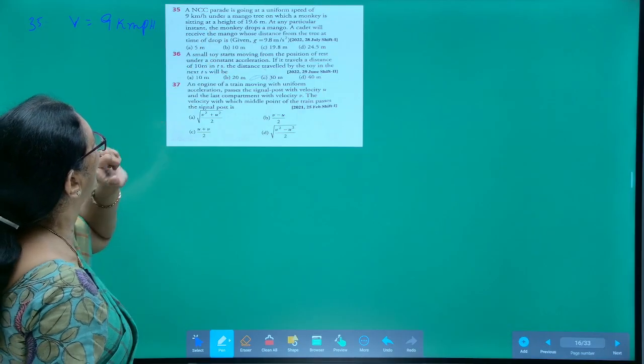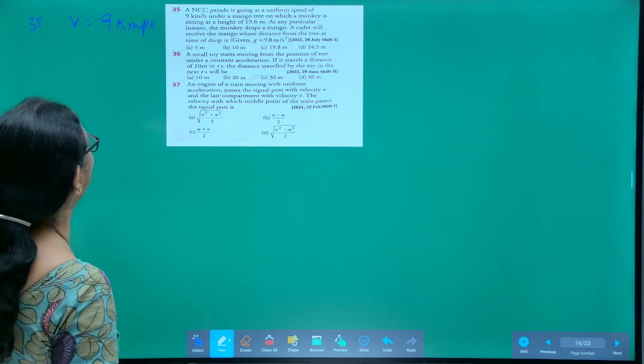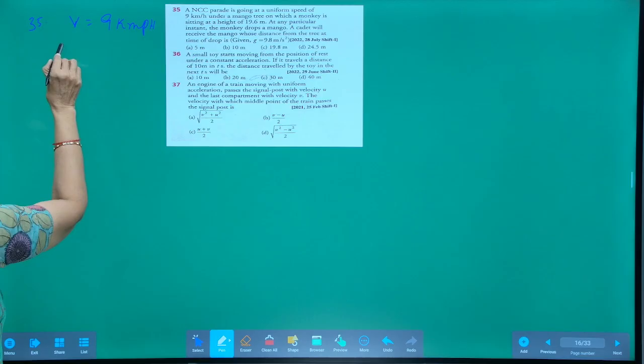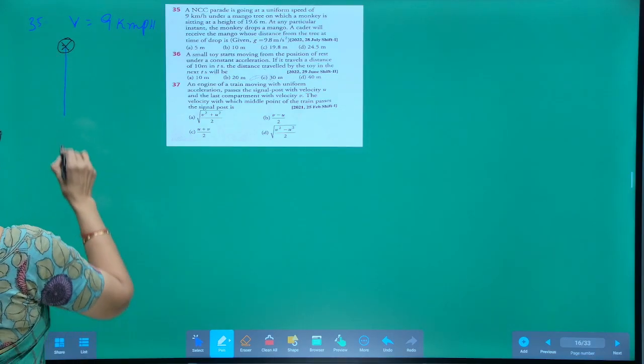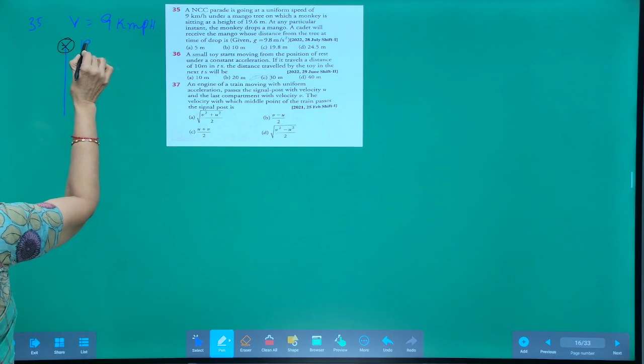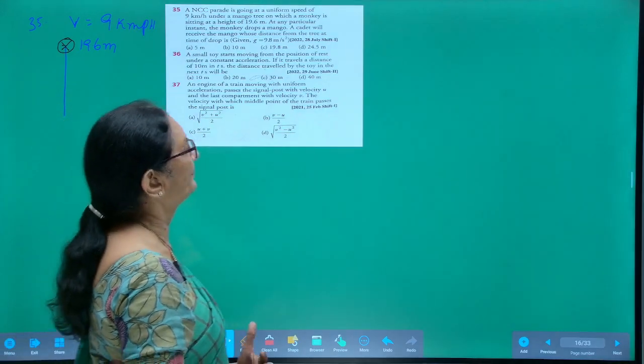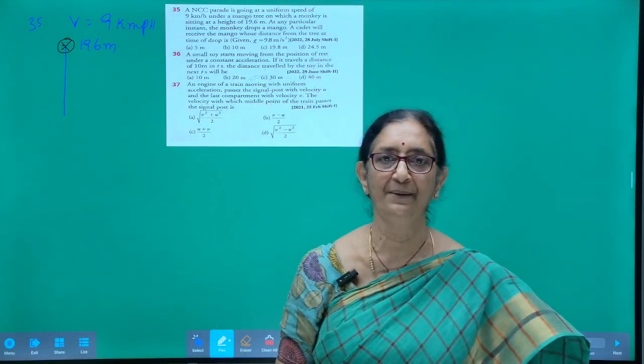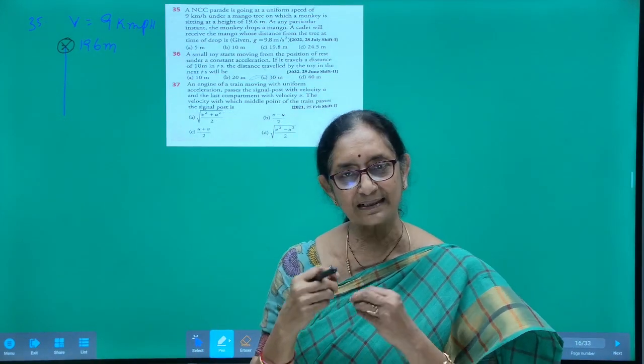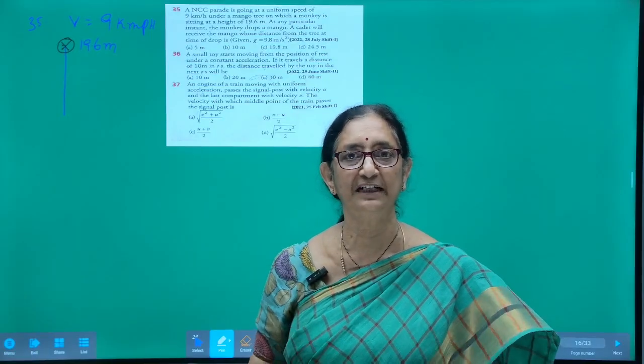Under a mango tree on which a monkey is sitting at a height. See here, this is a tree and there is a monkey sitting on the top of the tree. This is at a height 19.6 meters. At any particular instant, the monkey drops a mango. It is a monkey. It is continuously dropping mangoes from the tree.